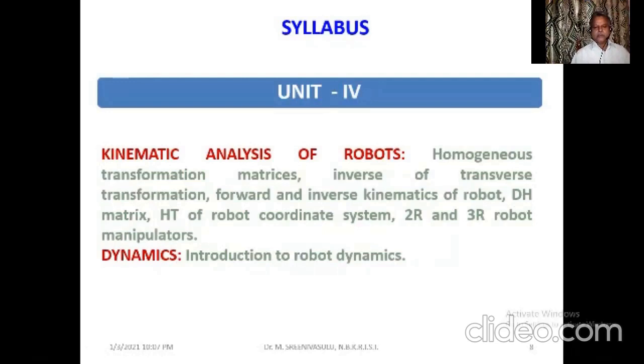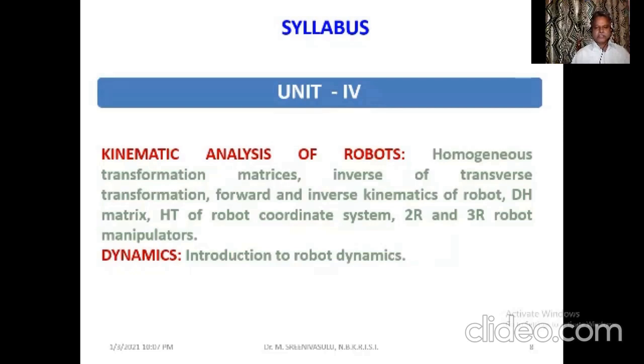In addition, DH representation matrix support also, we are going to take it, because when we come across multiple degrees of freedom, then we should have a generalized method. That particular method is actually being understood from the DH matrix.